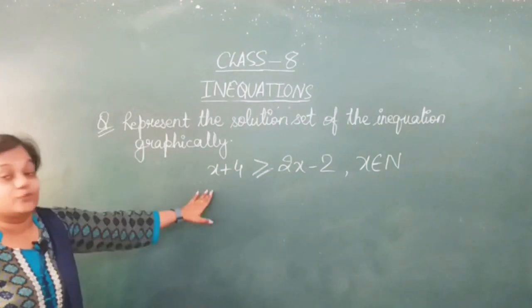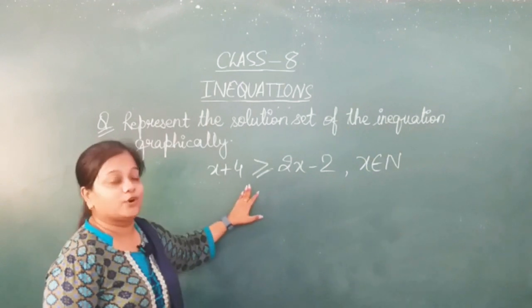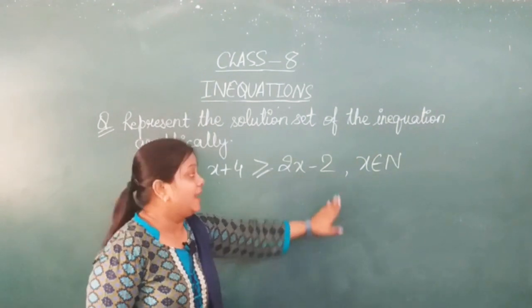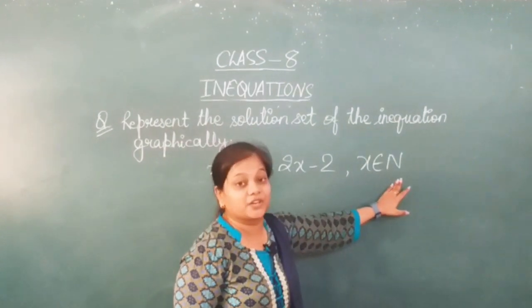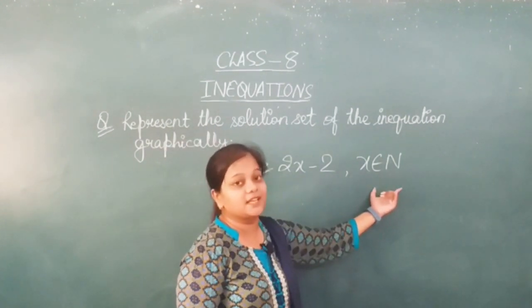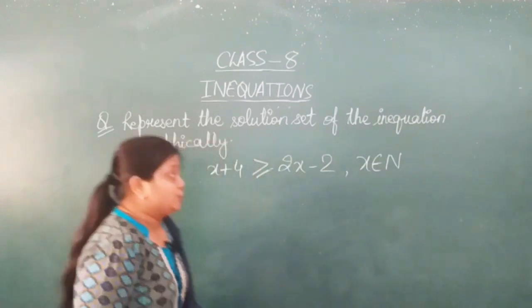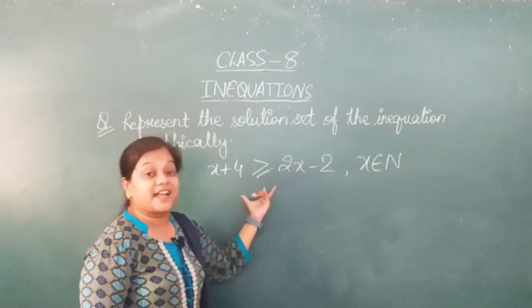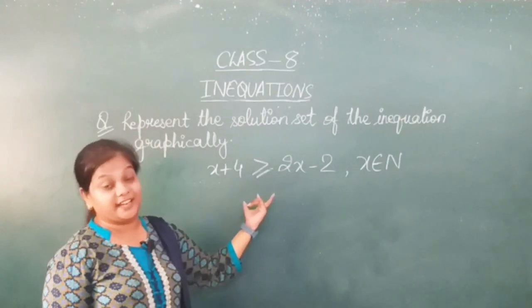Okay? Now the inequation is x plus 4 is greater than and equal to 2x minus 2 and x belongs to natural number. Here replacement set is of natural numbers. To solve this question, we have to firstly convert it in the standard form of linear inequations.